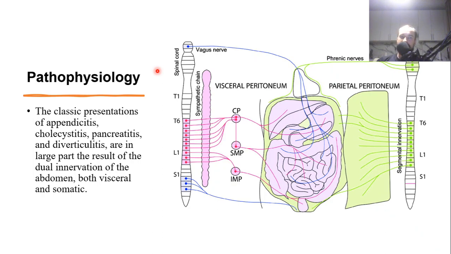Pathophysiology of the nerves. The classic presentations of appendicitis, cholecystitis, pancreatitis, and diverticulitis are in large part the result of the dual innervation of the abdomen, both visceral and somatic.